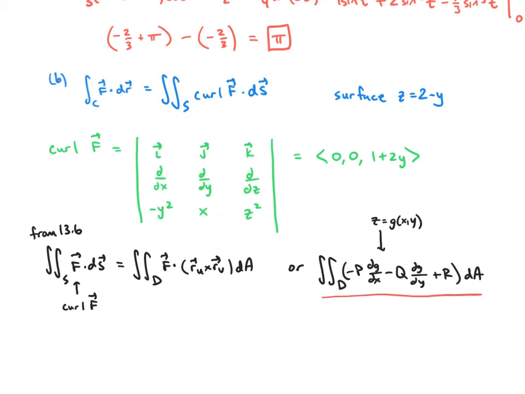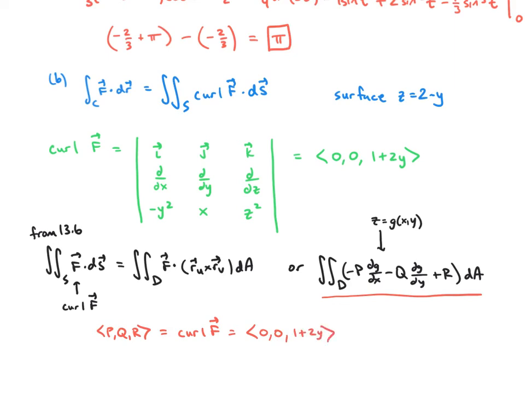Now, the vector P, Q, R is our curl of F in this case, because we're dealing with this particular problem. This 13.6 was more of a generic setup. So what we have here is 0, 0, and 1 plus 2y.